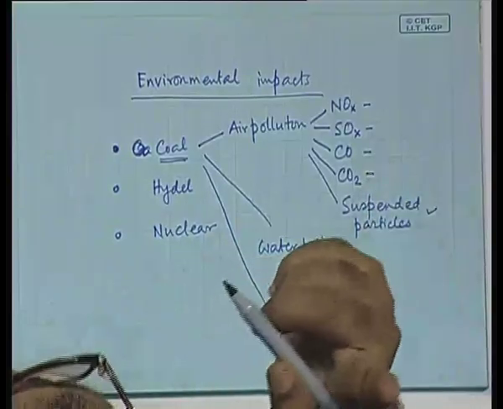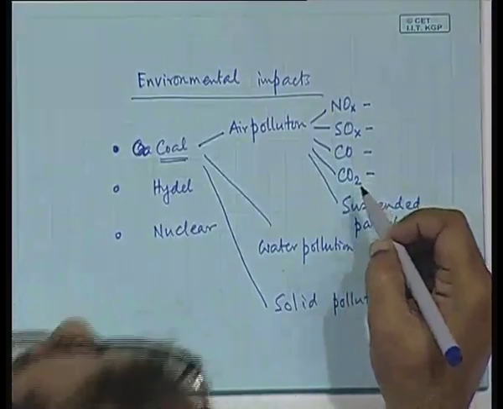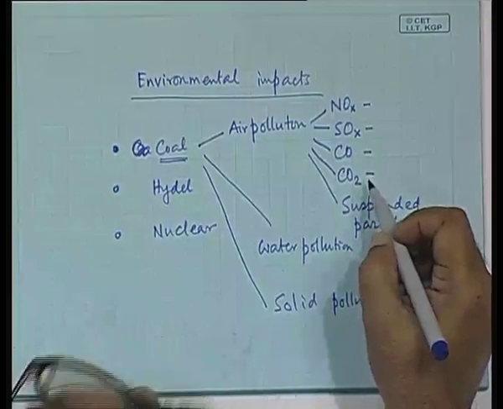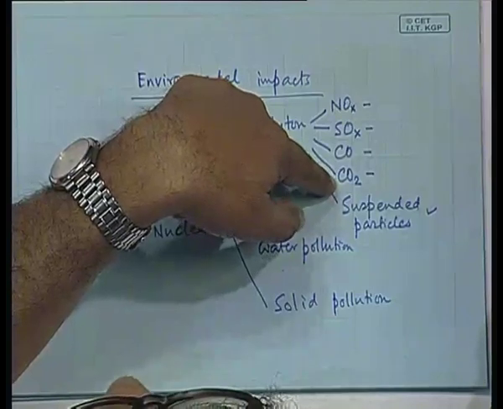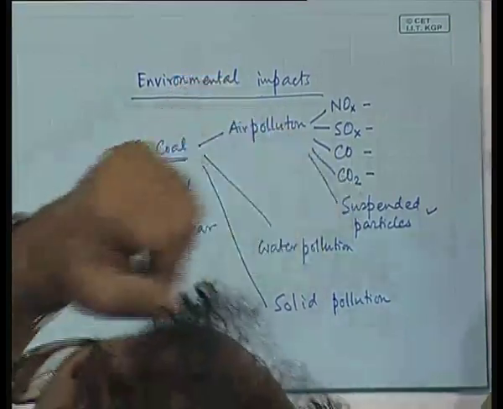CO2 is a big problem. CO2 could not have been a big problem unless the amount of coal power generation were so high. So now the total quantity of carbon dioxide in the air is going on increasing.